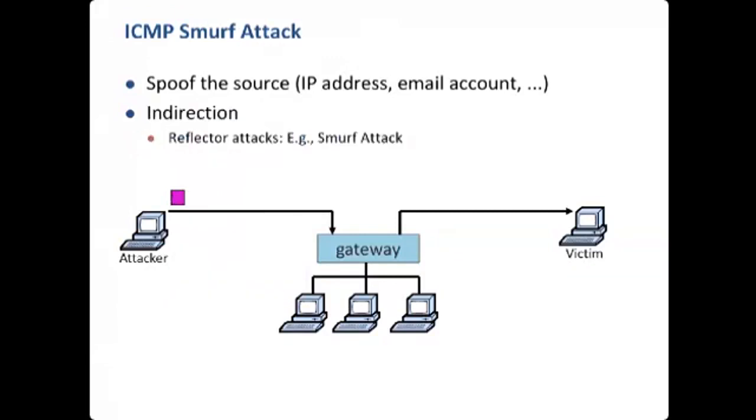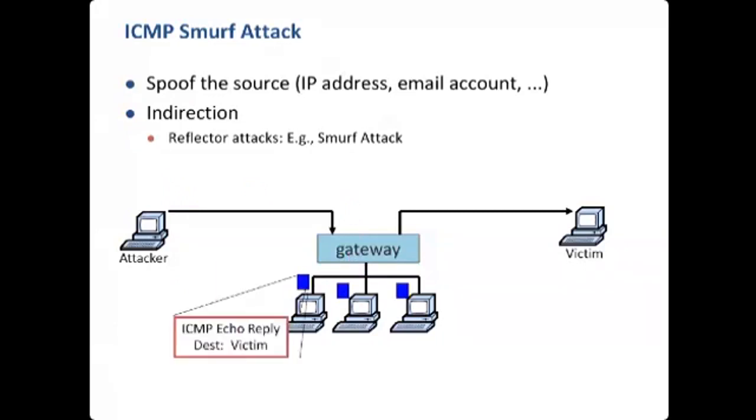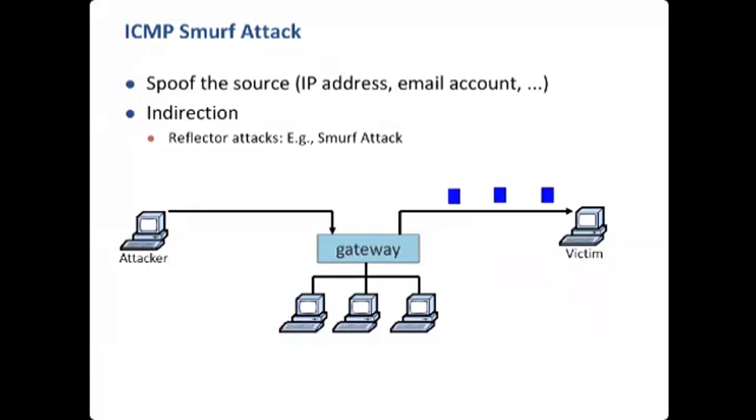The packet will be broadcast to all, and all machines will respond to the ping to the machine whose source address is given by the attacker. The source address is the victim's machine, so all these replies will go to the victim. Now, if these packets are in millions, then the victim's machine will not work.